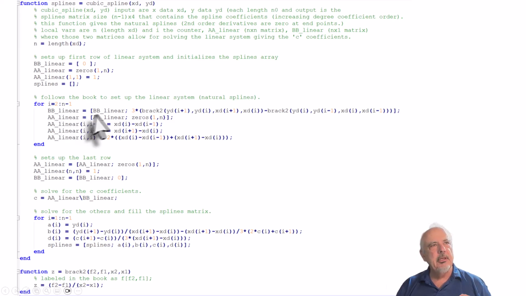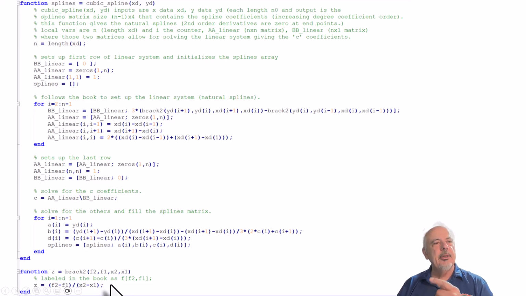So for BB linear, I take the previous BB linear that I had. The semicolon means that this is working on the next row, and that's taking care of my 3 times the BRAC 2. So here's my BRAC 2, the same one that I used in polynomial interpolation.